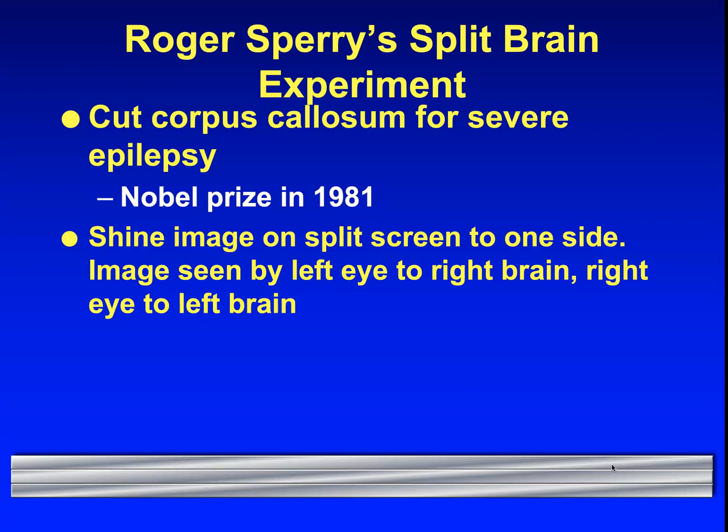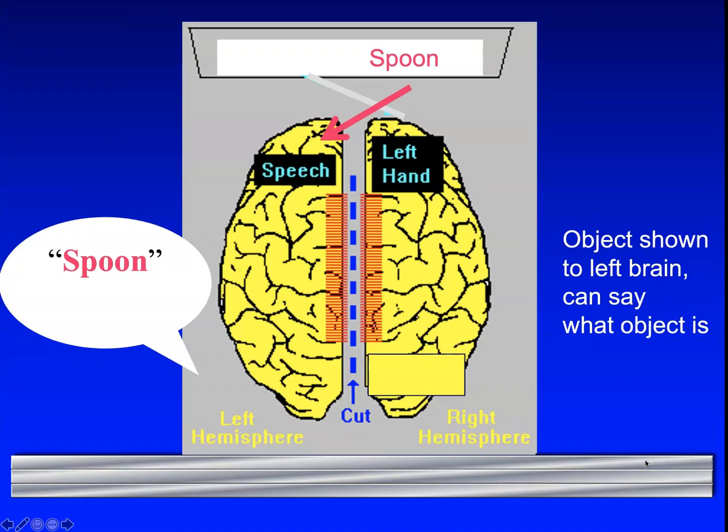And so we had a bunch of people who had the corpus callosum cut. And what happens is, since the brain is contralateral, but we've cut a large part of the thing that sends signals from one side to the other, he'd have these patients stare straight ahead. He'd shine an image on a split screen, and the image seen by the left eye goes to the right brain, and the image seen by the right eye goes to the left brain because it's contralateral.